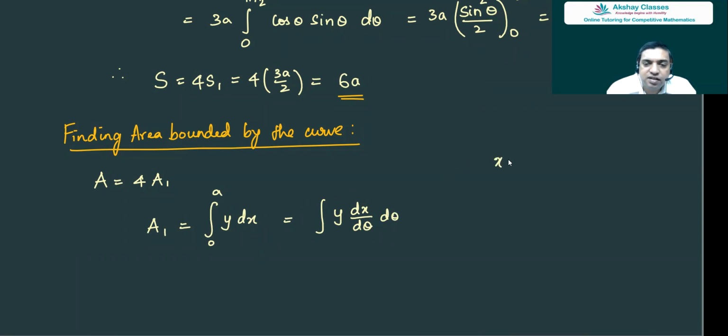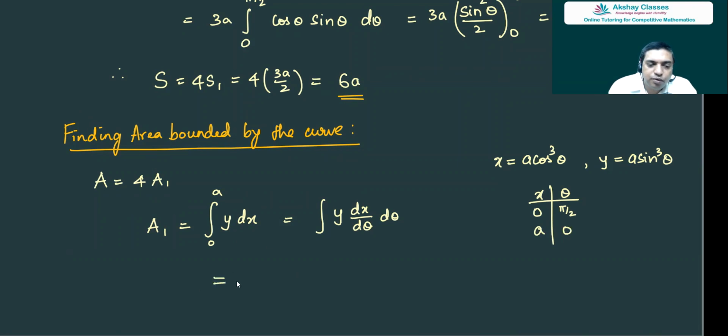So we have x equal to a cos cube theta, and y is equal to a sine cube theta. So when we are substituting in terms of theta, when x equal to 0, theta equal to pi by 2, and when x equal to a, theta is 0. So what we get is integral pi by 2 to 0 of y.